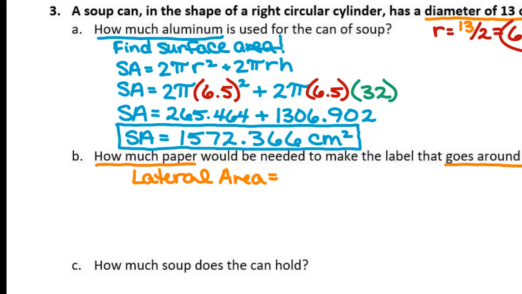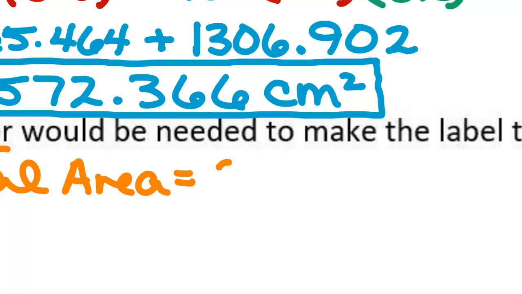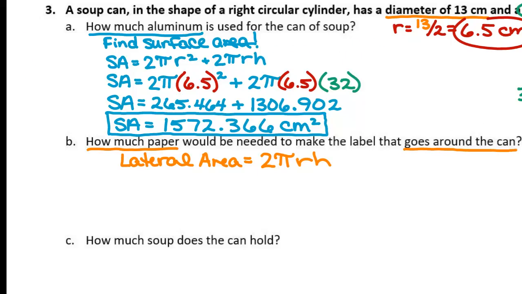What does that find? Circle. Pi r squared is my circle, and I have 2 of them. So those are my bases, the top and the bottom. So the body of the can must be this 2 pi r times the height. 2 pi r is the distance around that circle base, and then we have our height. So 2 pi r times h.